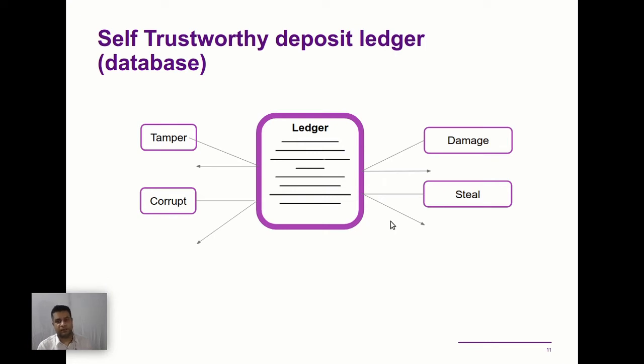Now this is something interesting and far-reaching, and if someone is able to create a ledger like this, then it's going to be in direct competition with the banking industry. Today, as we saw a couple of slides back, bank earns a lot of money based on the deposits that we make in the bank.